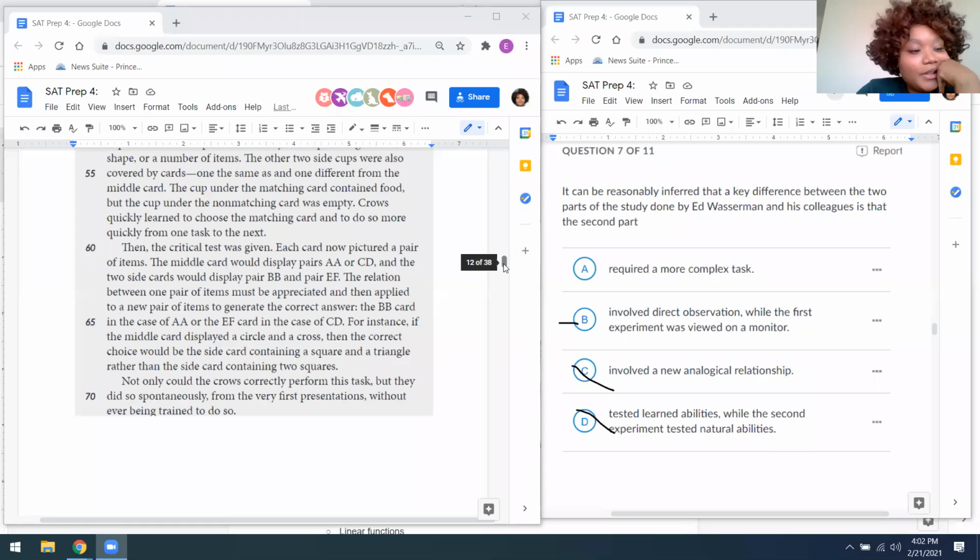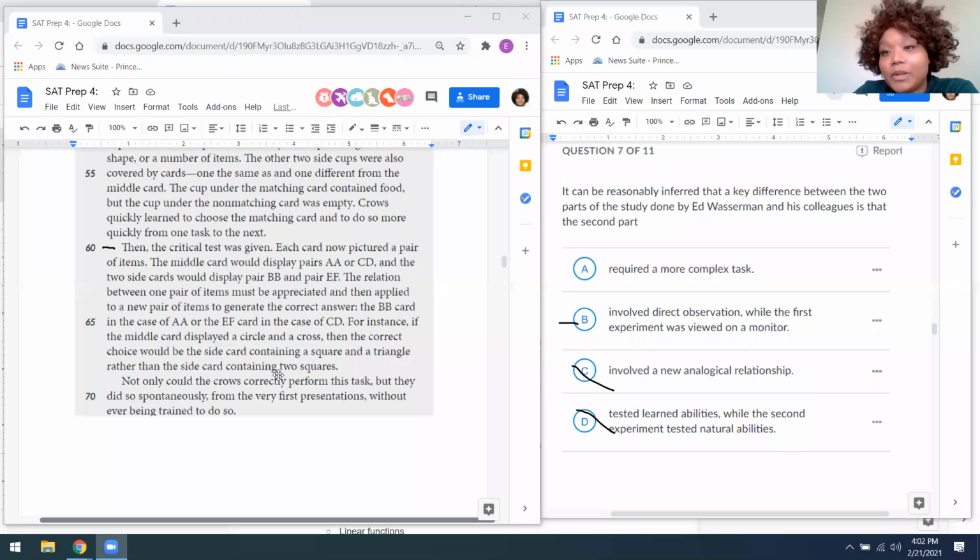And the distinguishing thing here is the line we were focusing on, line 60. Then the critical test was given. As CW pointed out, critical is another word for serious or more important. That line is distinguishing between the first test or study and the second one.